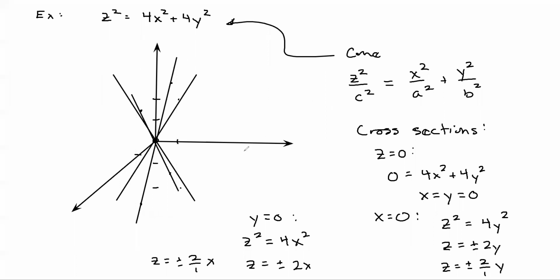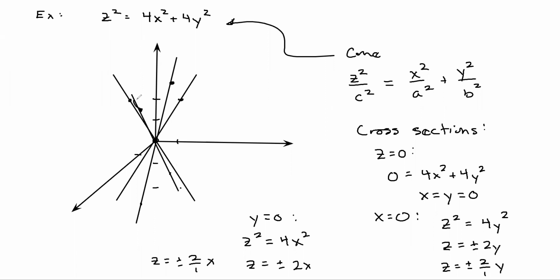Okay. And so those 4 lines are really not quite enough to tell what the object looks like. But what you can do is recall that at a height of z equals 2, I went 1 unit in the x, 1 unit in the negative x. So I've got points. And I went 1 in the y and 1 in the negative y. So I've got some points here.